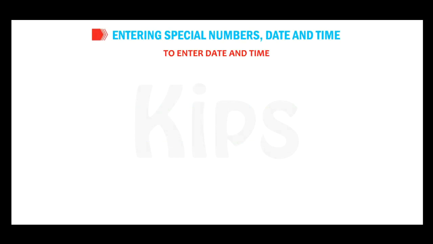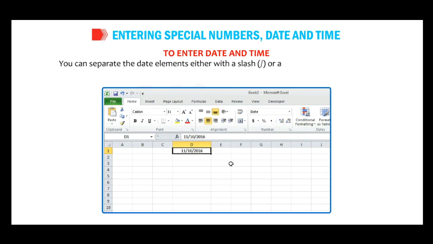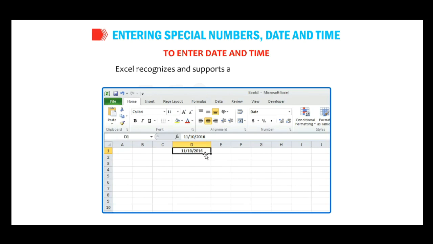To enter date and time, select the cell and enter the date and time. You can separate the date elements either with a slash or hyphen, or use formats such as 11th October 2016. Excel recognizes and supports a variety of date formats.